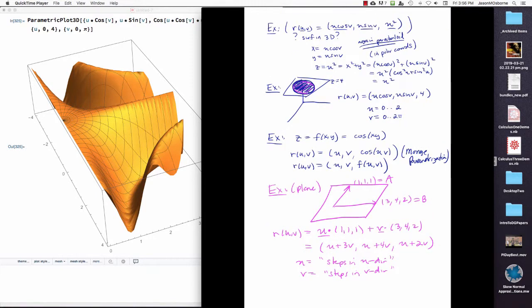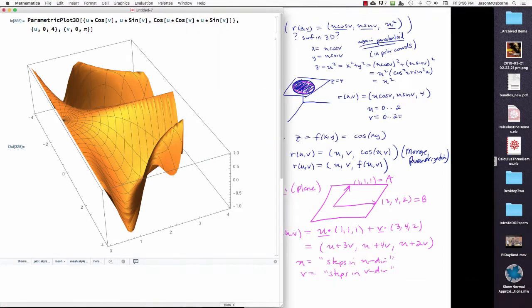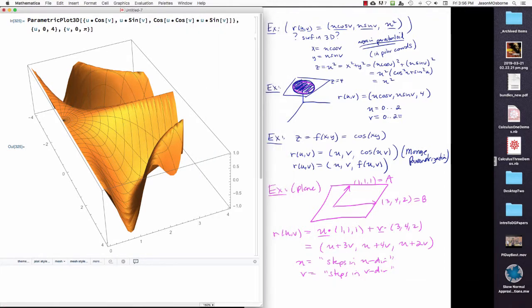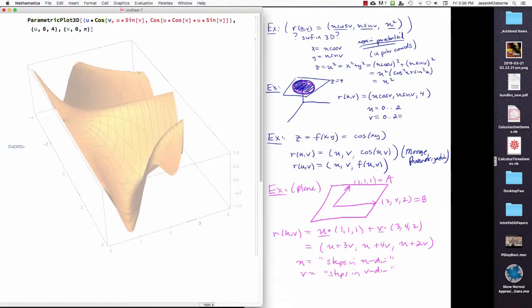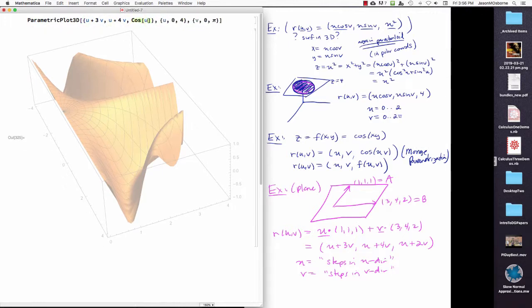Okay. So let's take a look at this plot here. We'll have u plus 3v and u plus 4v and u plus 2v. So we're getting rid of the crazy cosine function, which makes this thing really oscillate.